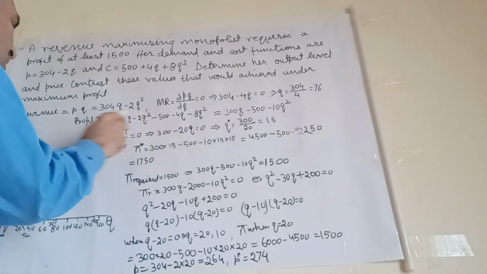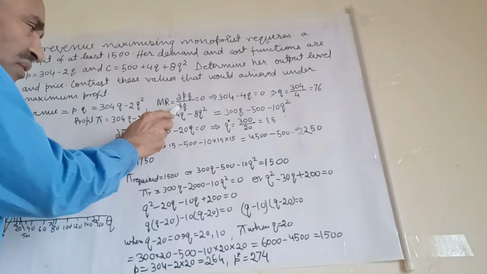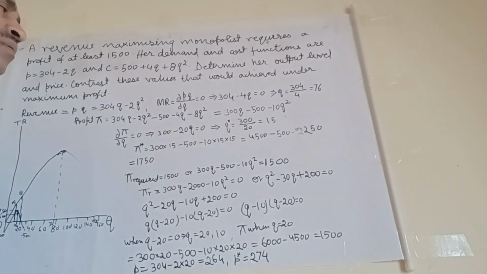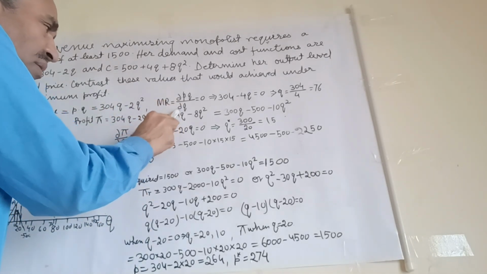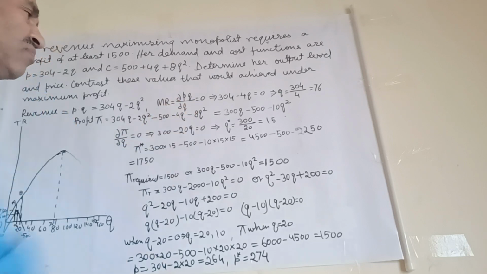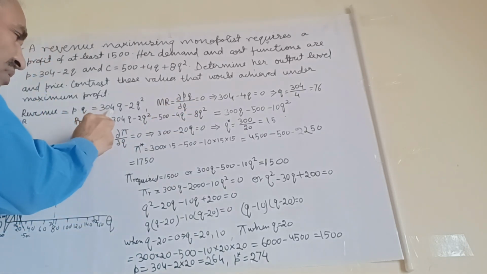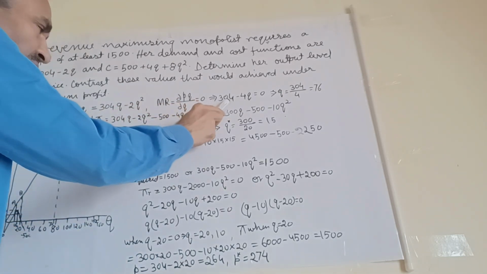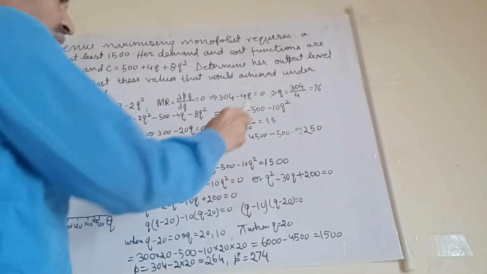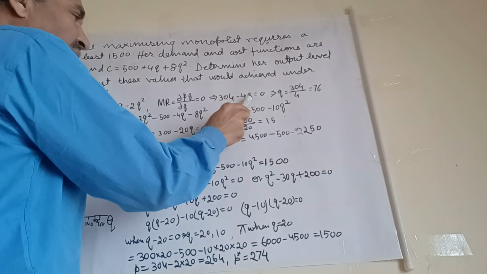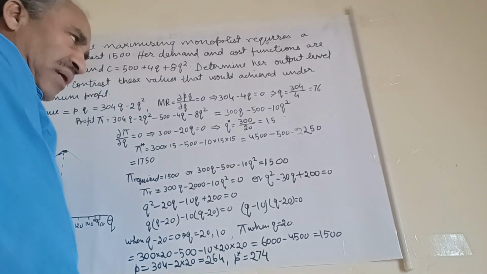Marginal revenue is just the derivative of total revenue with respect to Q. So I set the condition d(PQ)/dQ = 0, and the derivative of this is 304 - 4Q, and this is equal to 0 because marginal revenue must be 0 for total revenue to be maximum.